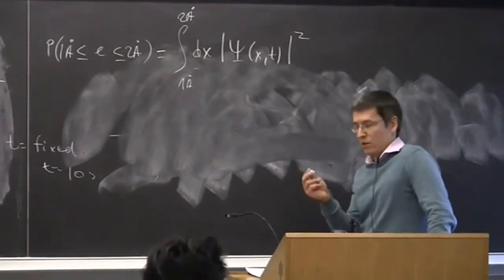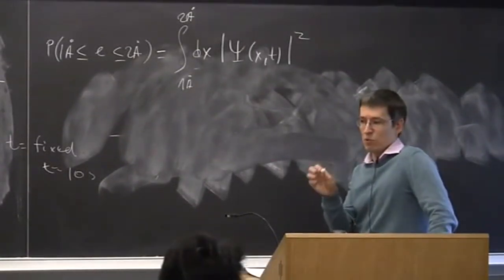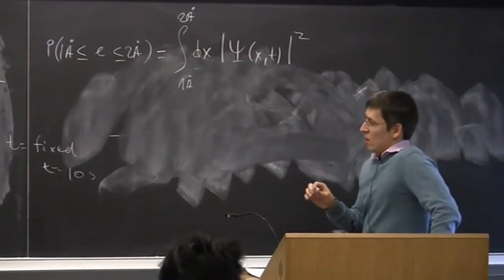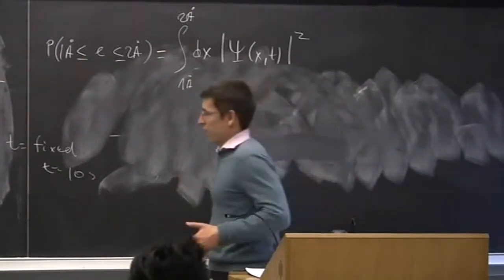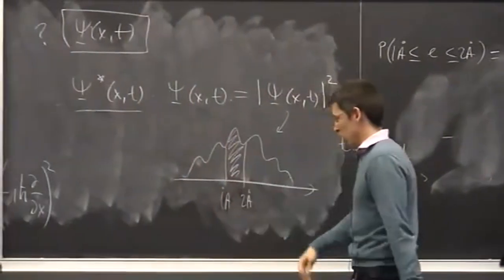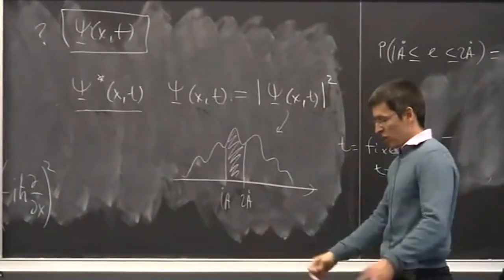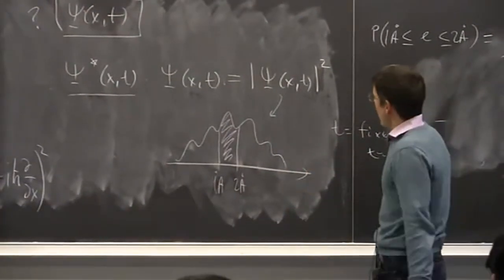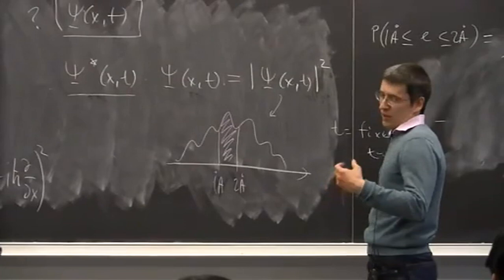This is powerful because with classical particles, you know exactly where they are. With quantum particles, you can have hundreds of completely identical copies of non-interacting particles, and you ask yourself, okay, where is my particle?